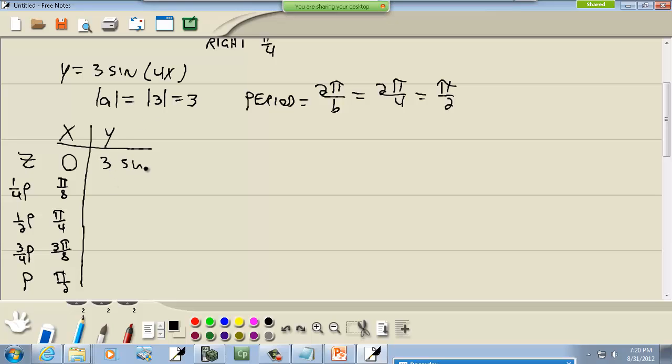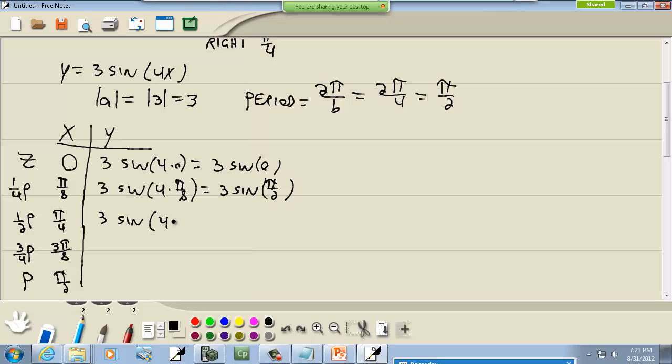Okay, so I'll plug that 0 into each one of these. So I got 3 sine of 4 times 0, which gives us 3 sine of 0. This one we got 3 sine of 4 times pi over 8, which gives us 3 sine of pi over 2. This one is 3 sine of 4 times pi over 4, which is 3 sine of pi.